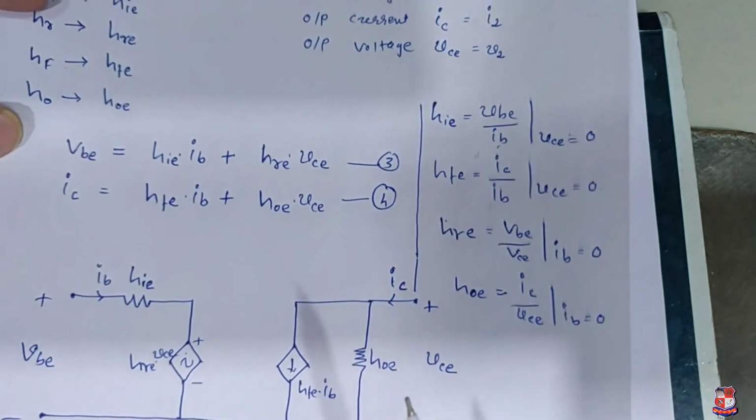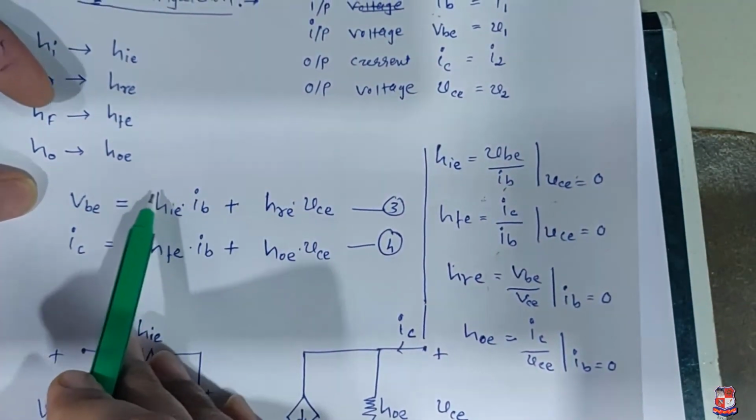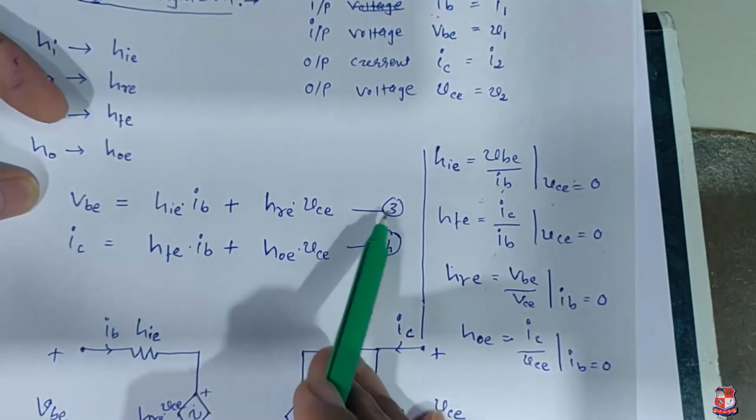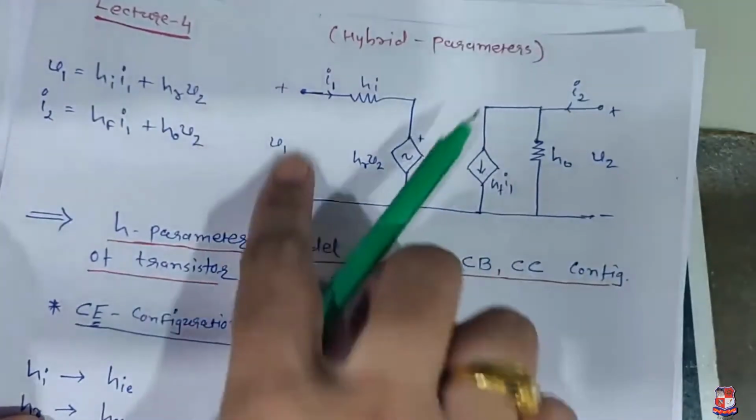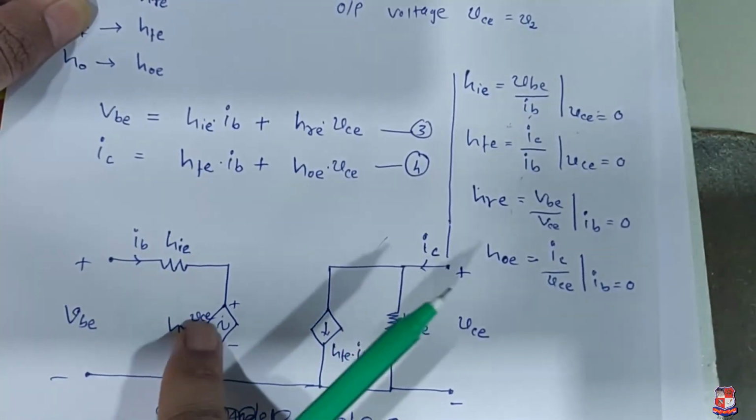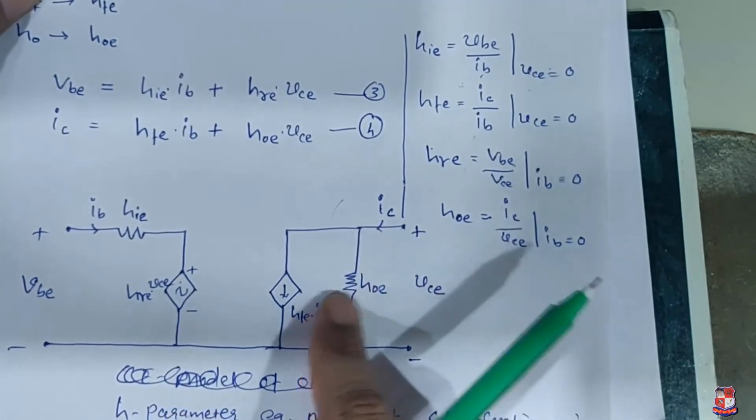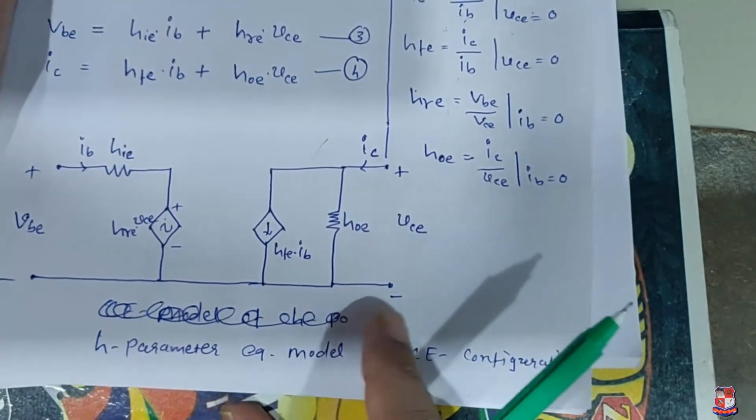As we have drawn this circuit from the equation 3 and 4 in the transistor model, it is a similar circuit we have to draw, but the parameter names will change for common emitter configuration.